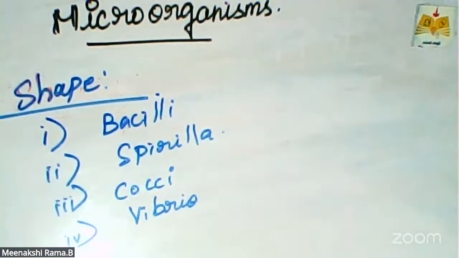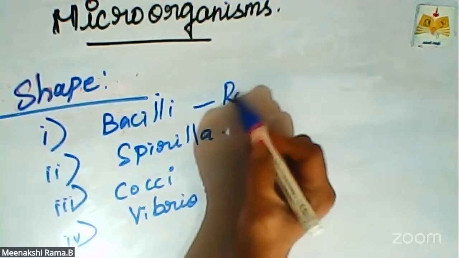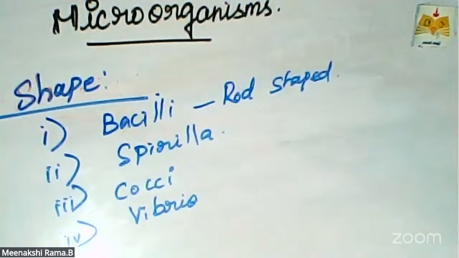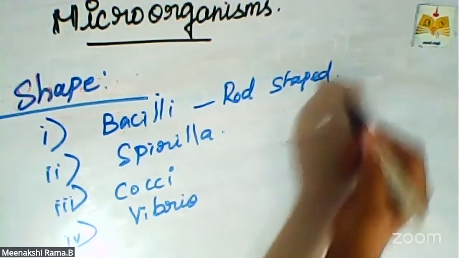Bacilli is rod shaped. Bacilli bacteria is rod shaped bacteria. Example, Bacillus anthracis. Okay.